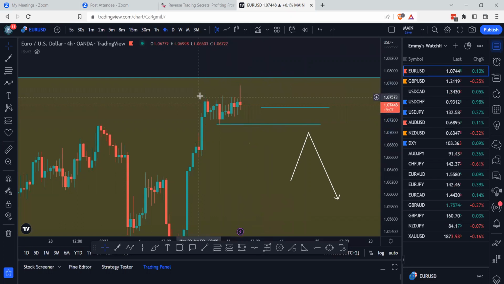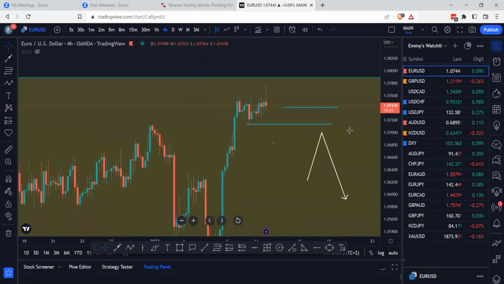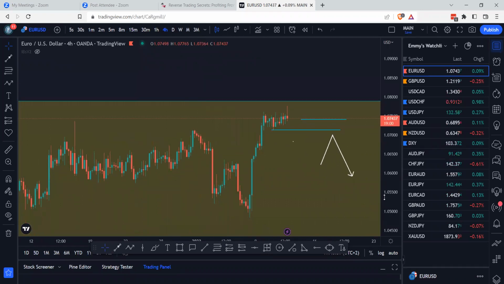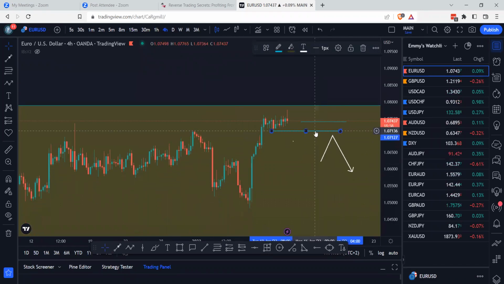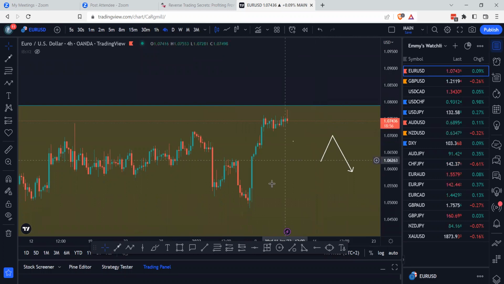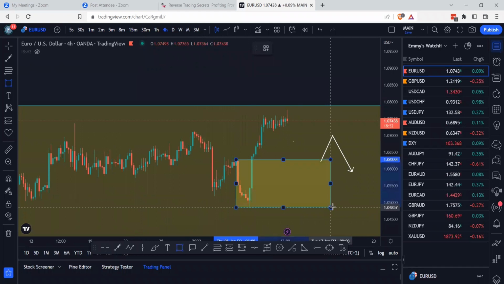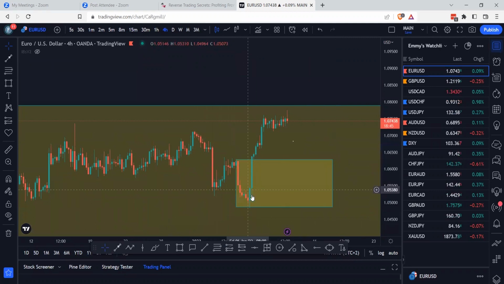I don't see any reason to buy, because right now on 4 hours, if I look for buys, I'm going to need price to retrace into this zone, possibly, because this is another demand, right?